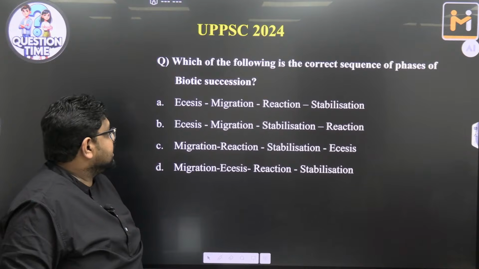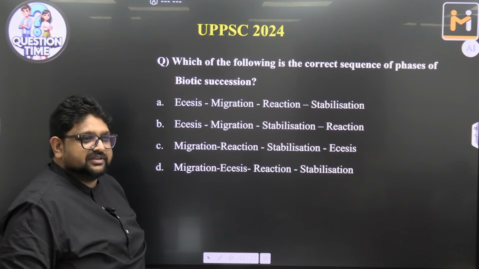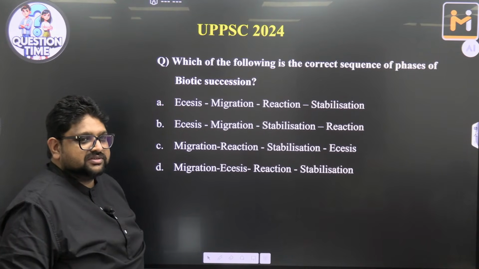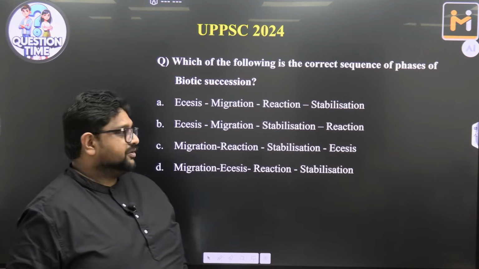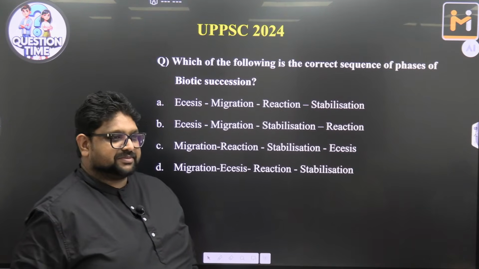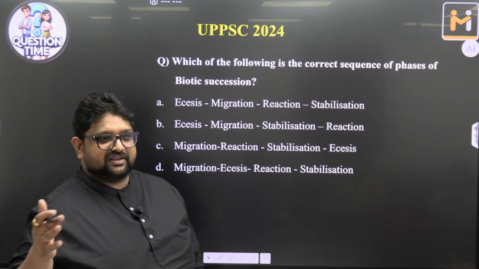Which of the following is the correct sequence of phases of biotic succession? They are asking which is the right sequence of phases. What happens first, second, third.